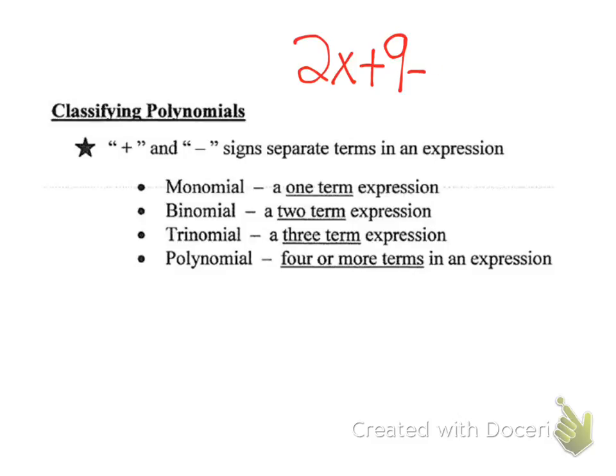If I put minus y, well now y is a term. Okay? These are all terms separated by plus and minus signs. The y, I would actually argue it's negative y is the term in the back, but that's a topic for another day. So anyway, depending on how many terms an expression has, we have a different name for it.